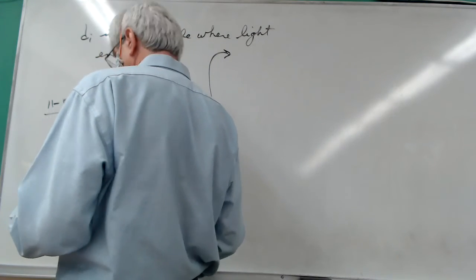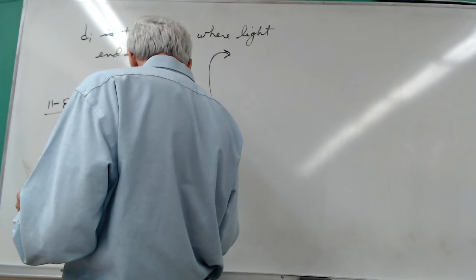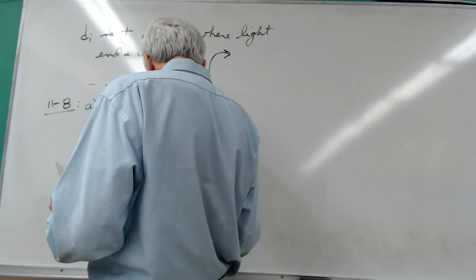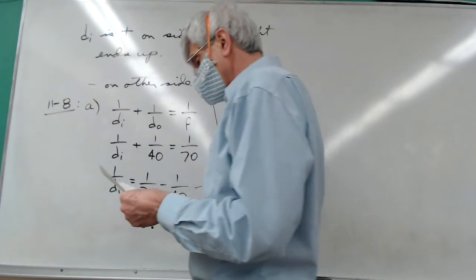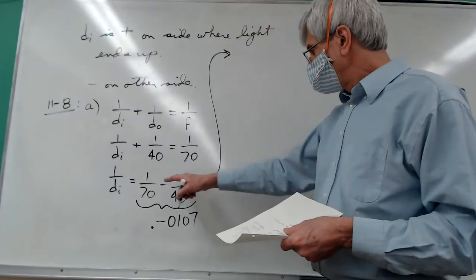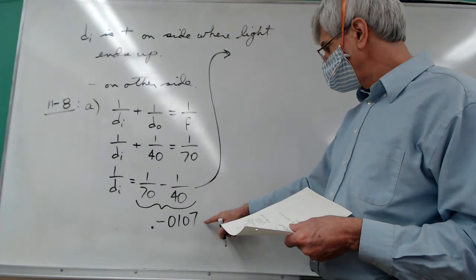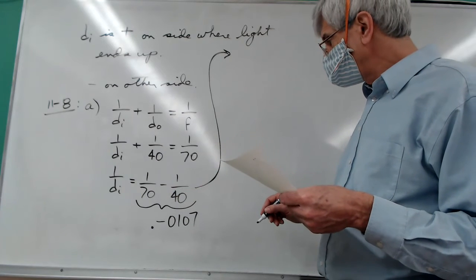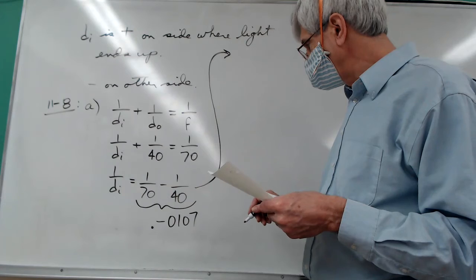But looks like when I wrote this out, I just punched it through a calculator. And that minus that came out this as a decimal, which must be equal to 3 over 280, I'm pretty sure.